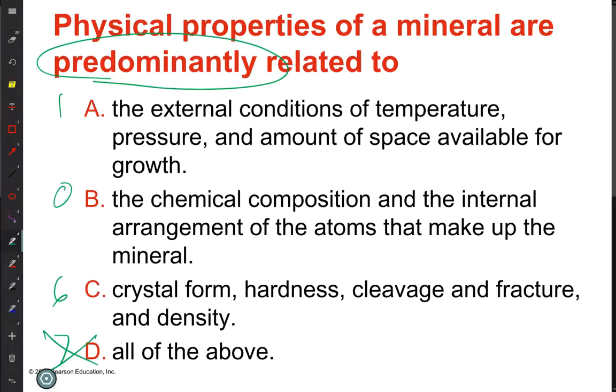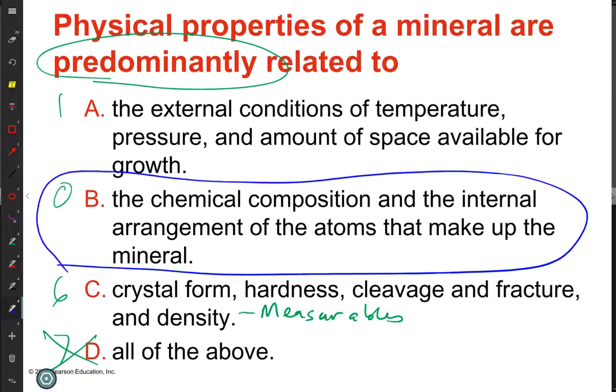It could be dependent on all of them, but it's not predominantly. So then we have to look at these and say, well, is it the form, hardness, cleavage, fracture, and density? These are the things that we measure. This is what sets the properties.